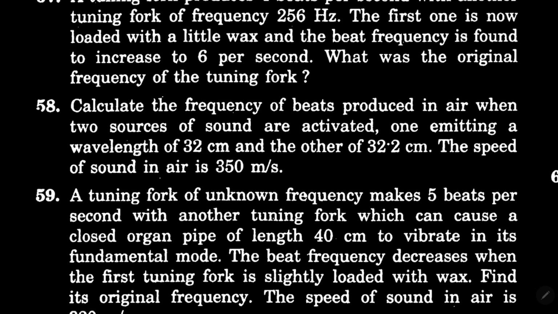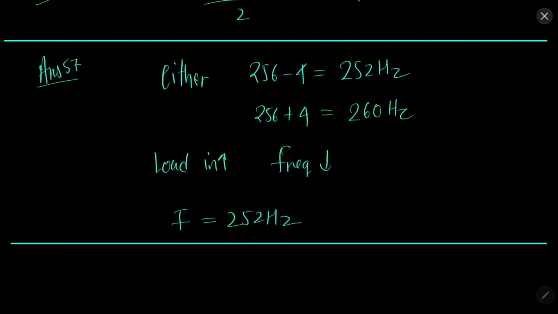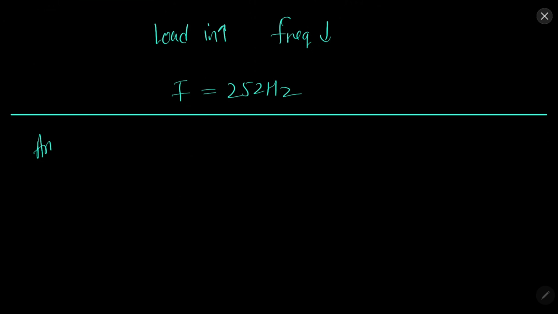In question 58, calculate the frequency of beats produced in air when 2 sources of sound are activated. Solution 58. So in this particular question we have 2 situations. First is velocity 350 meters per second.